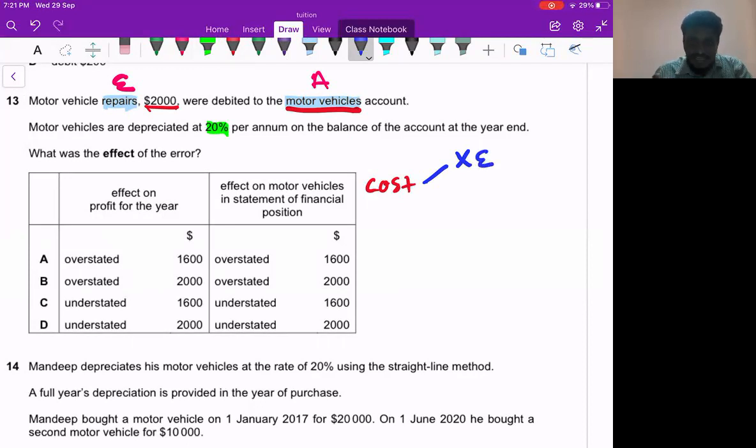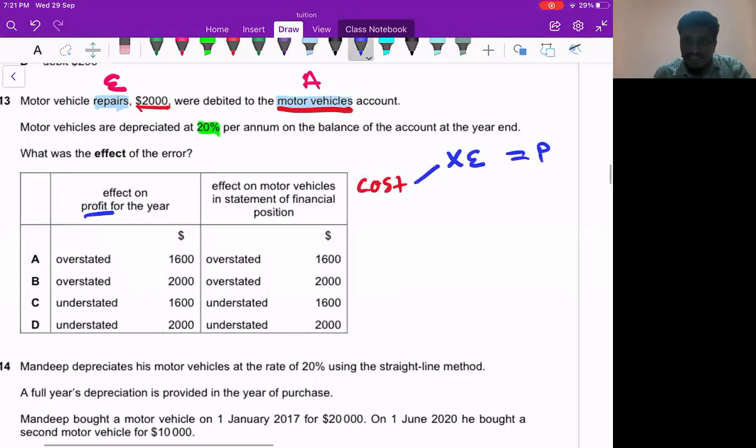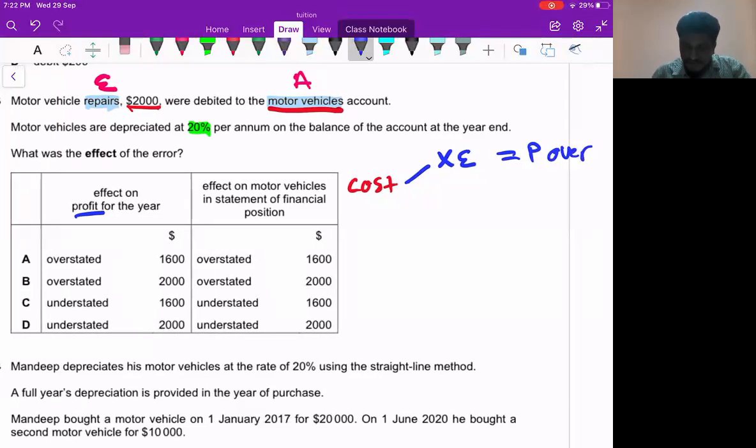If you didn't record it as an expense, your expenses will be less. If expenses are less, it means your profit will be overstated.